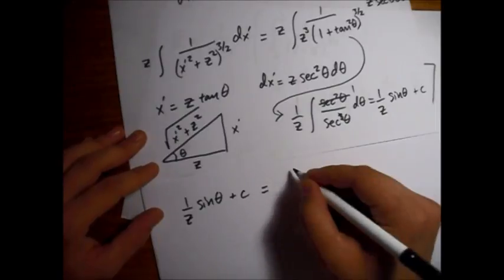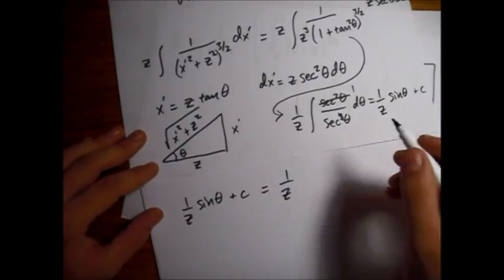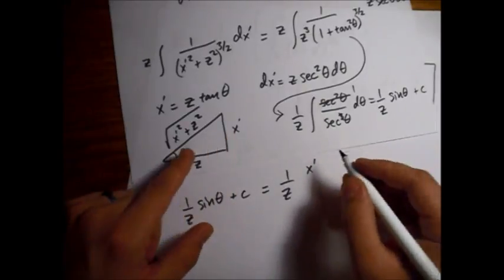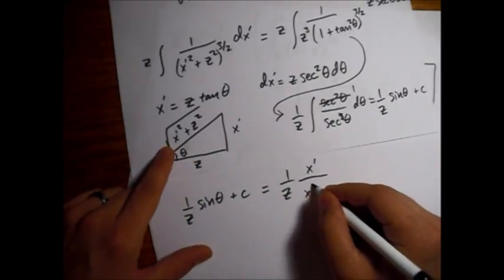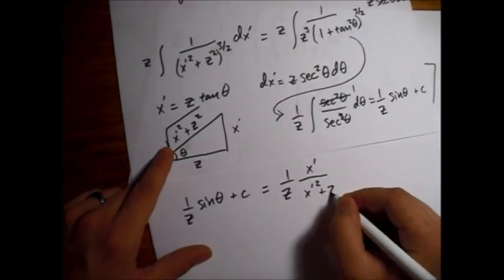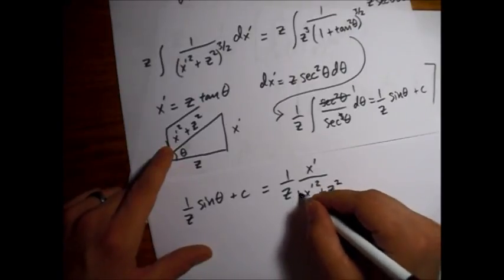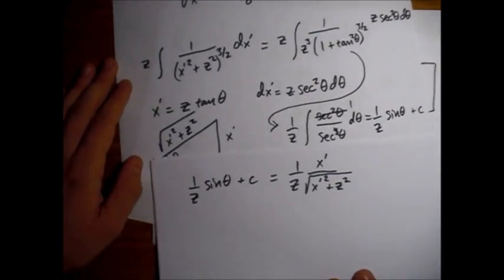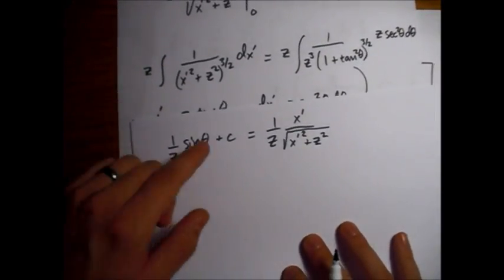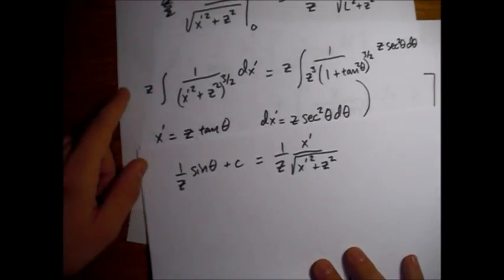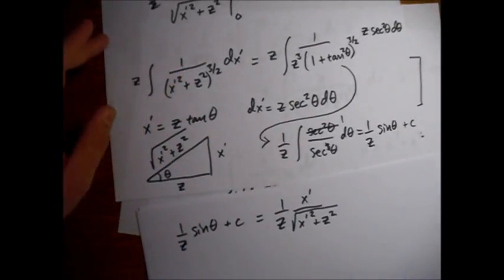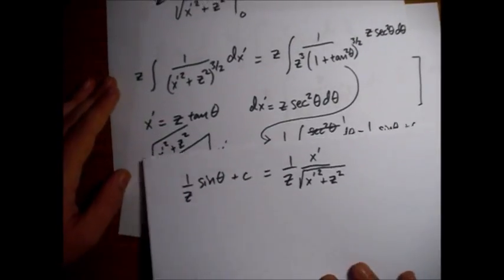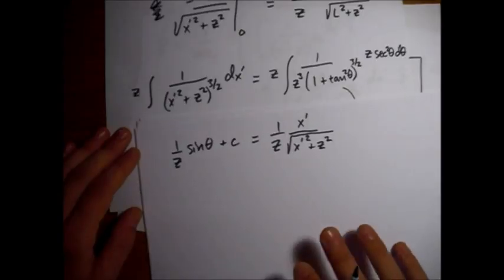So we have a 1 over z, and then we just have an x prime divided by the square root of x prime squared plus z squared. All right, so we have just solved this integral, I believe. I think we're good.